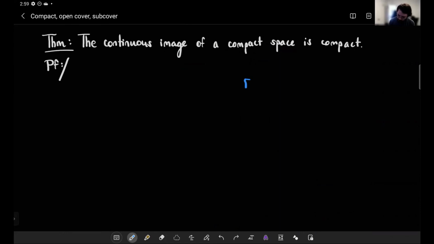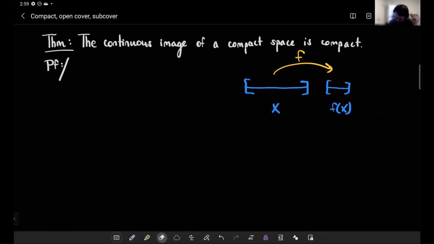So again, pictorially, I have some space X, it's compact, so I'm using my Euclidean brain to draw it as a closed and bounded set. I have some function F being applied to give me something. So the image of X is apparently supposed to be compact as well.